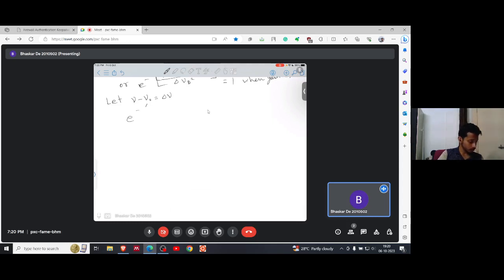So e to the power minus 4 ln2 delta nu square by delta nu d square equal to 1 by 4, 0.25, which gives e to the power 4 ln2 delta nu square by delta nu d square equal to 4.